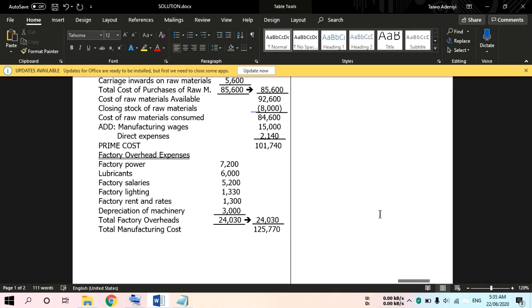We take into adjustment the opening and the closing stock of work in progress. So that is the total manufacturing cost. Next, after this, you then add the work in progress.